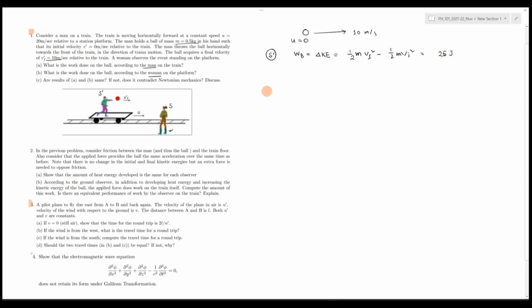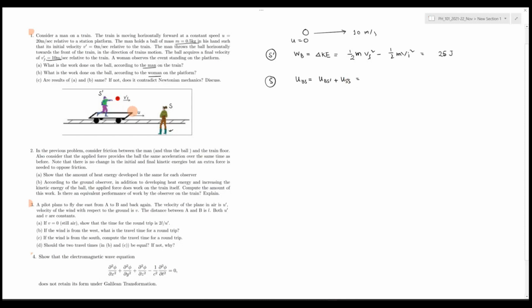Now, if you look from S, what will be the initial speed of the ball with respect to S? It will be the speed of the ball with respect to the person plus the speed of the train.